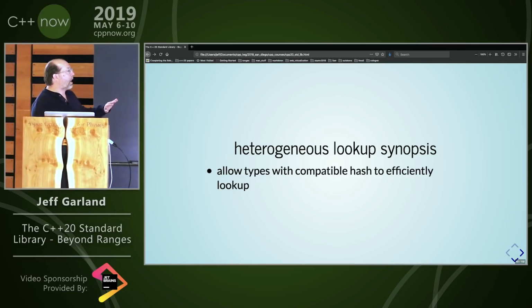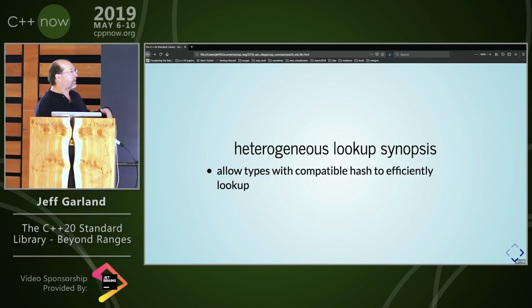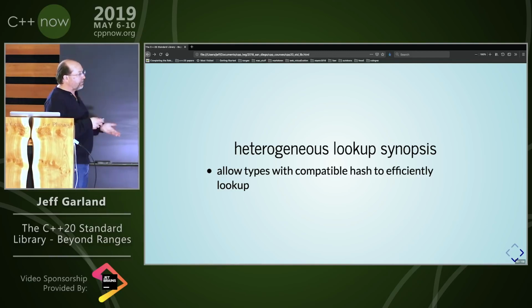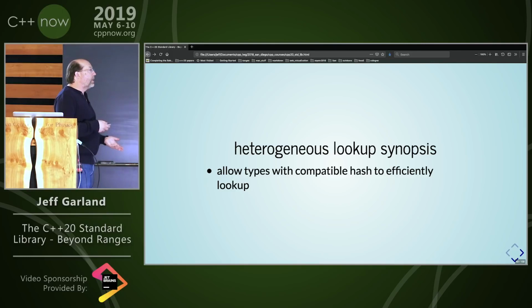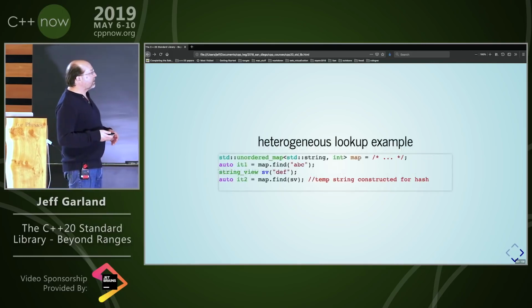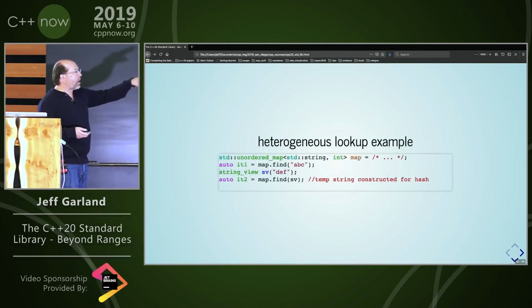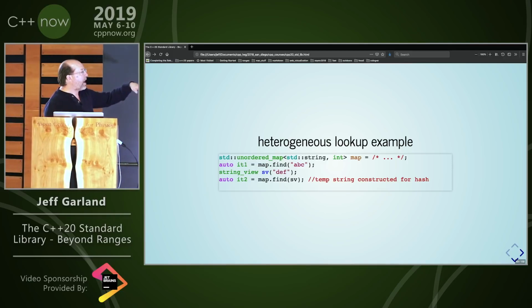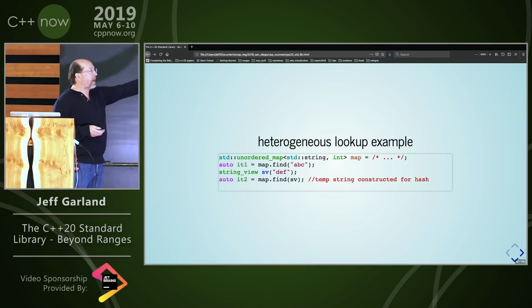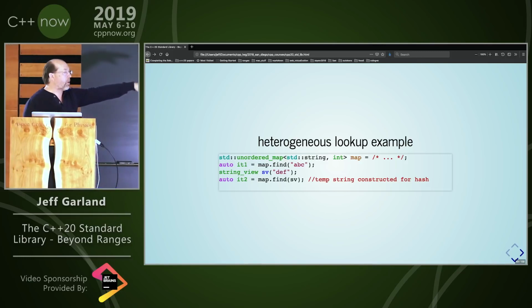Heterogeneous lookup. I'm not going to go deep in this, but basically this allows you to have a compatible hash function for different types like string and string view. Const char star is a canonical example. If I want to do these finds and compares, normally today you end up with a string view being constructed into a string, and that slows down the performance.